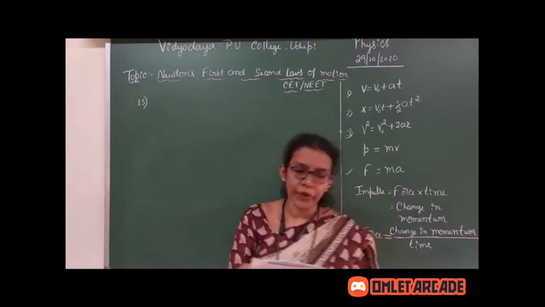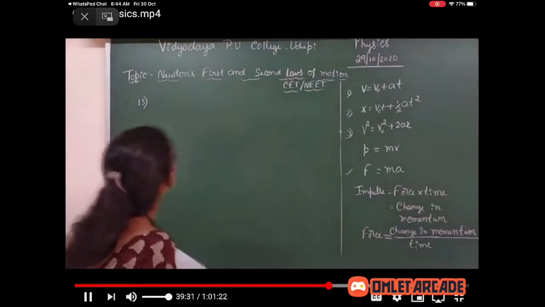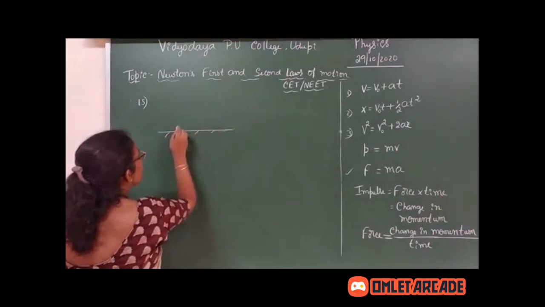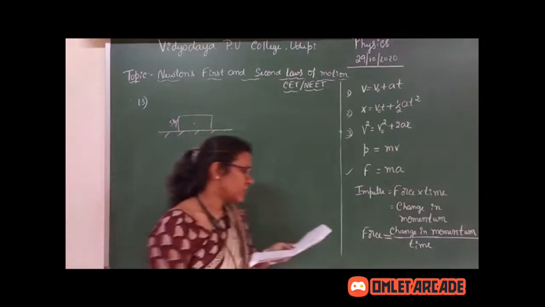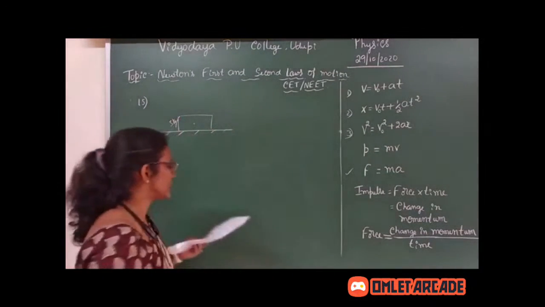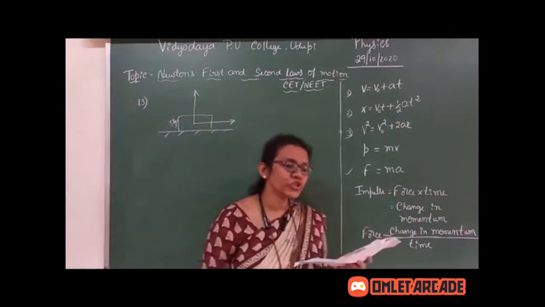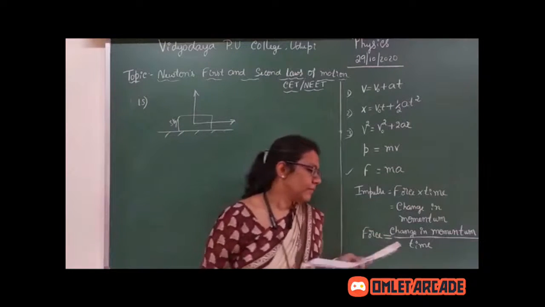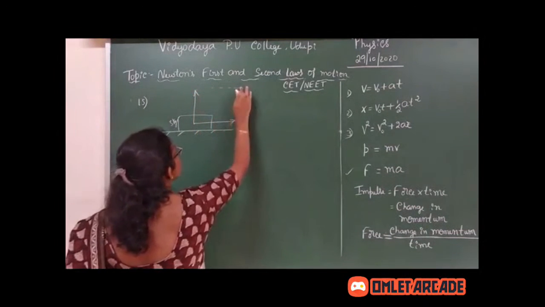The acceleration produced in the body we have to calculate. What is given? A body of mass 5 kg, acted upon by two forces which are mutually perpendicular to each other. We have to calculate the resultant of these.